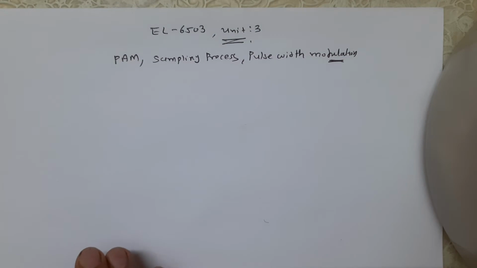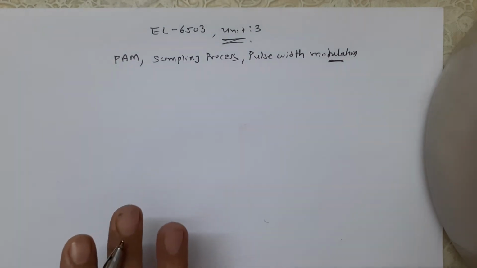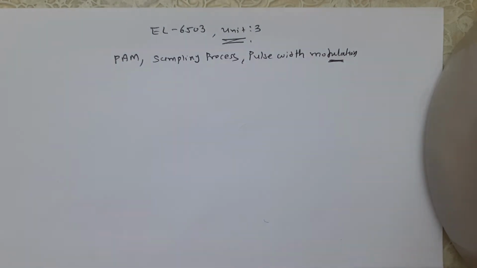We were given one example, speed control of the DC motor using pulse width modulation. Now we are discussing pulse position modulation in this third lecture.